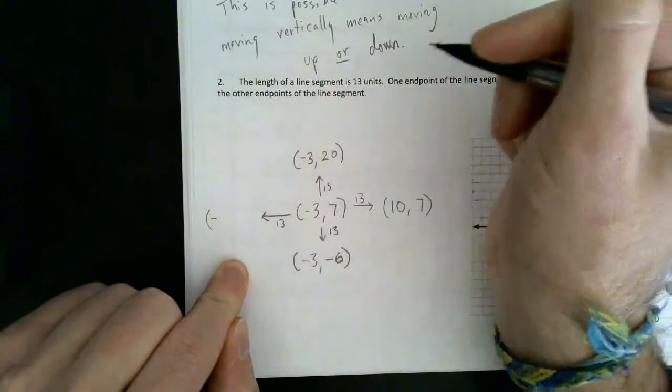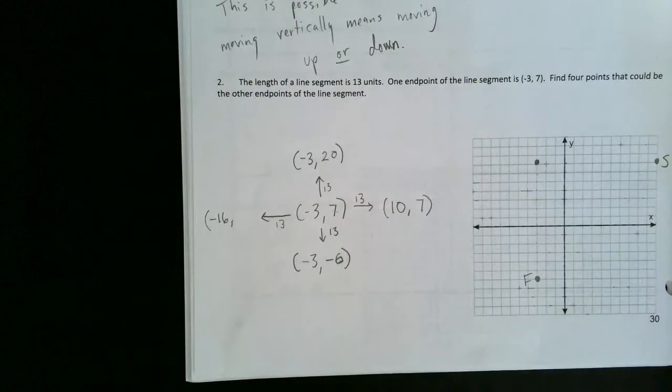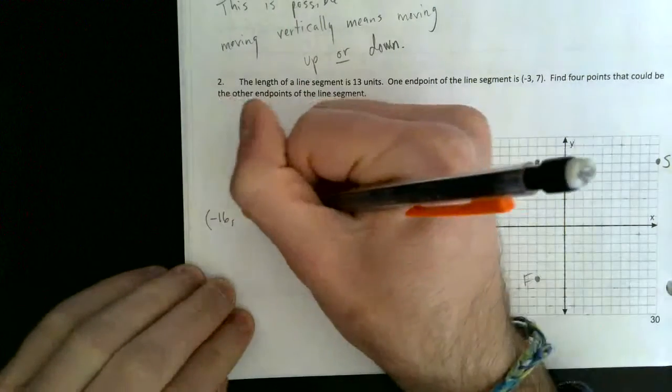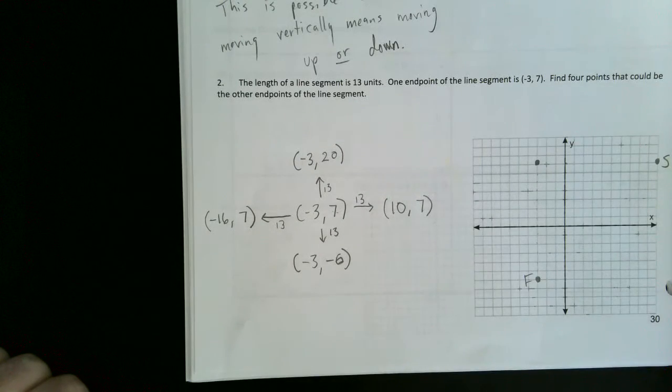We're going to wind up with something more negative, negative 16. And then Y stays the same because you're not moving up or down. You're just going side to side. All right, those are the 4 points. Those are kind of tricky. But once you get the pattern, it becomes a little easier.